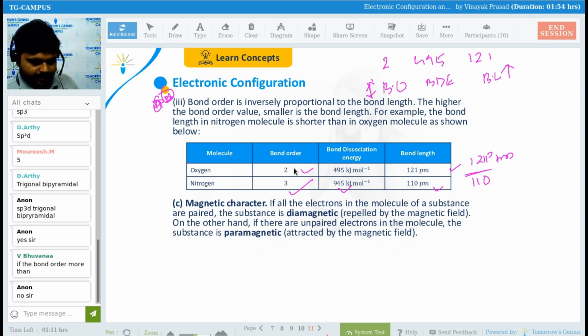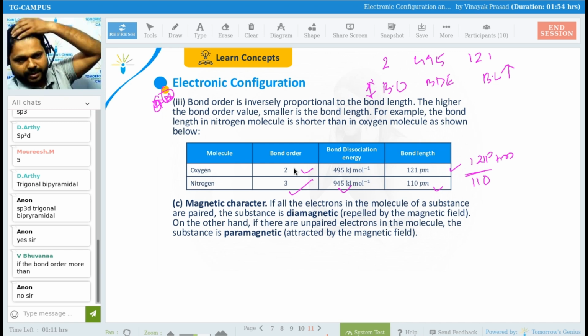Getting my point, everyone? Is it easy now? Is it easy or not? Please tell me, everyone. Is there any confusion till here? So what is the relation between bond order, bond dissociation energy and bond length? Okay, now Anil Dev will tell me. Please turn on your mic.